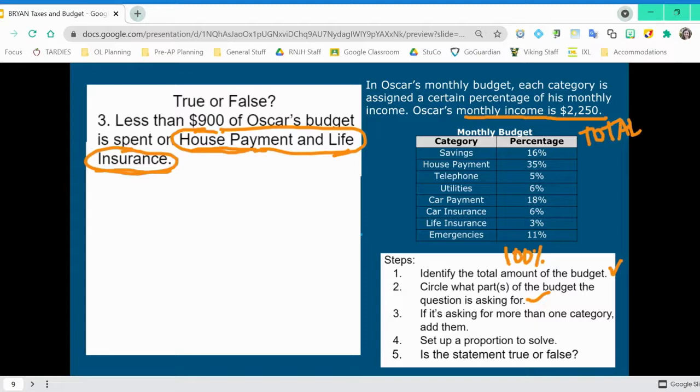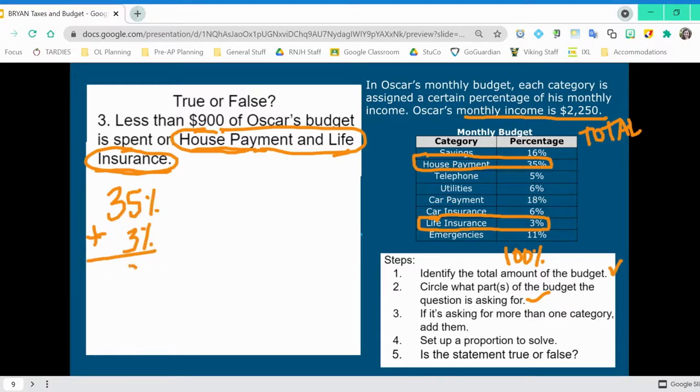So we're going to go look for those two categories. I see life insurance here, 3%, and house payment is up here, 35%. So let's add those together. So 35% plus 3% gives us 38% of his budget.